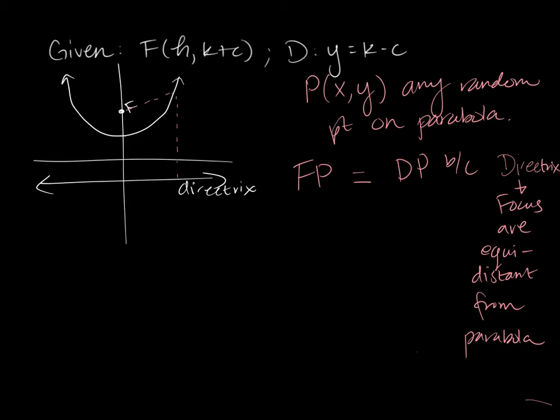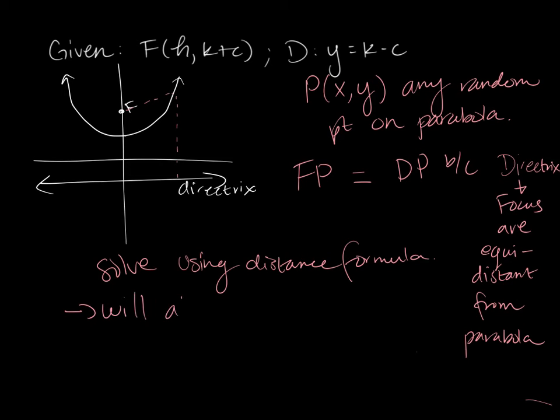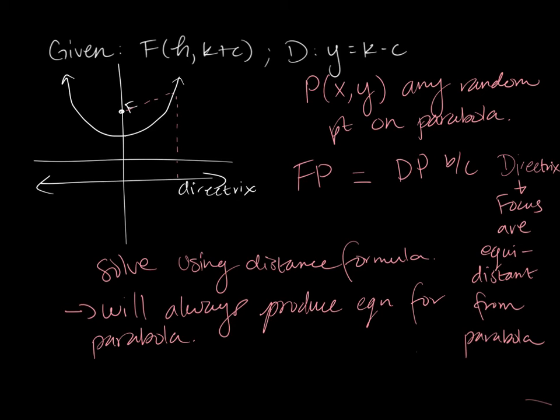Okay, and then you solve using distance formula. And this method will always produce the equation for the parabola. So if you end up with some random points or a number, you did something wrong. You should get the equation of the parabola using this method.